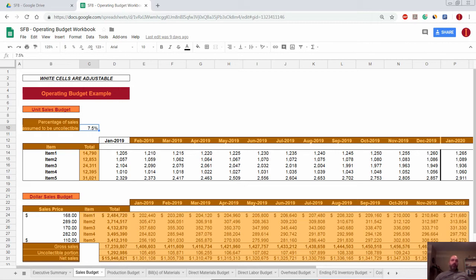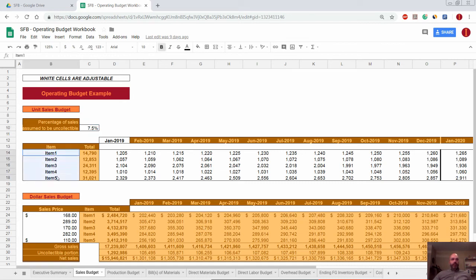Customers don't pay their bills for whatever reason. Most do, but some won't. So, for the sake of comprehensive planning, we want to make sure that that is taken into account. The example used here is 7.5%.